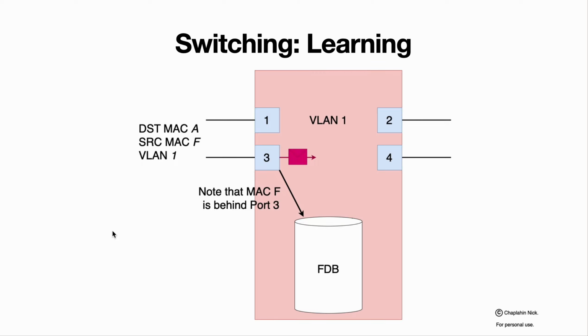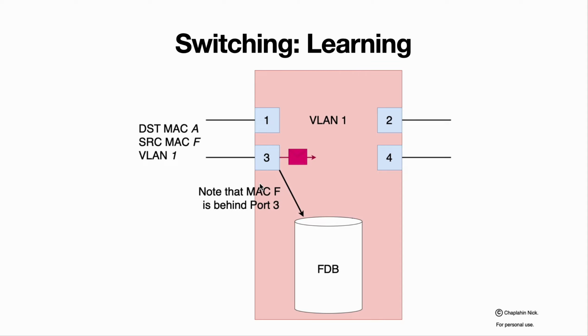Switching contains several stages. Stage 1, the learning process. When a packet with destination MAC and source MAC in some specific VLAN is received, it gets to the specific VLAN for processing and to select ports where it can be transmitted from.